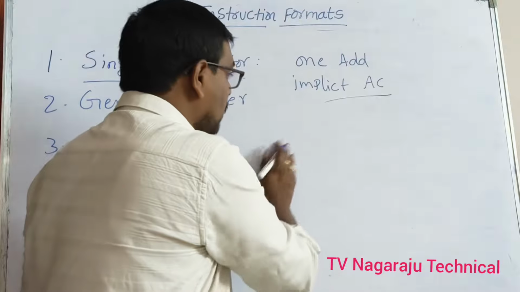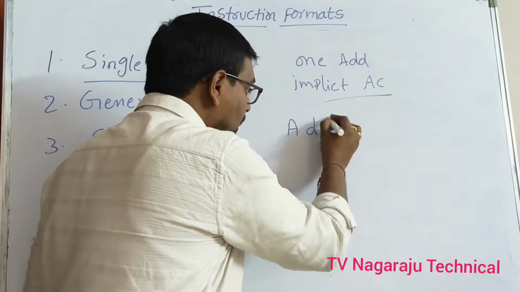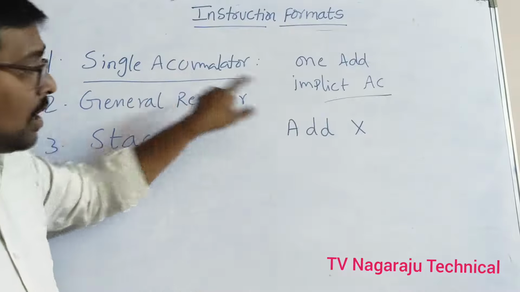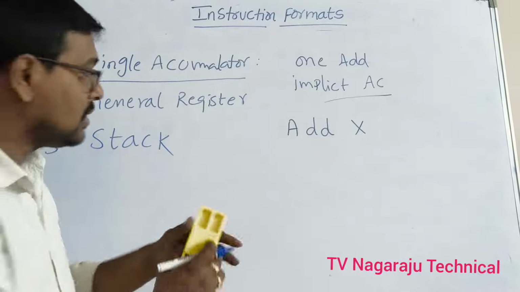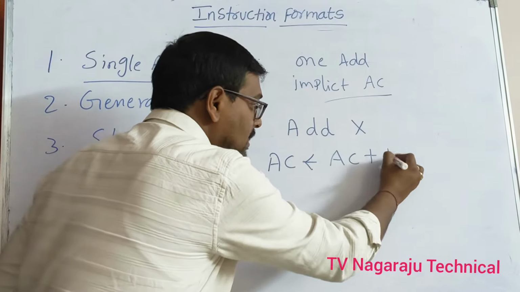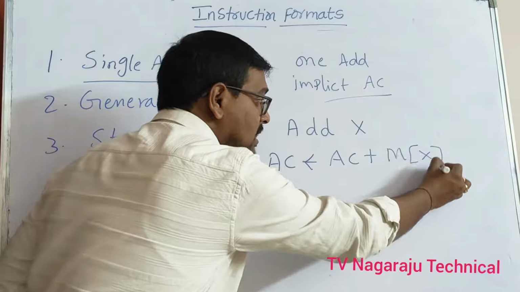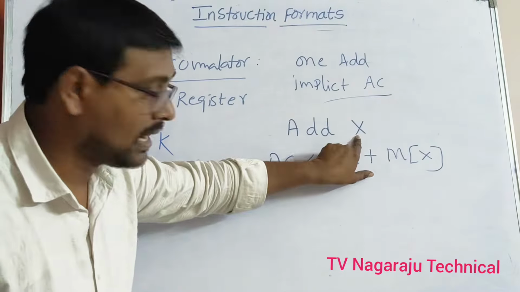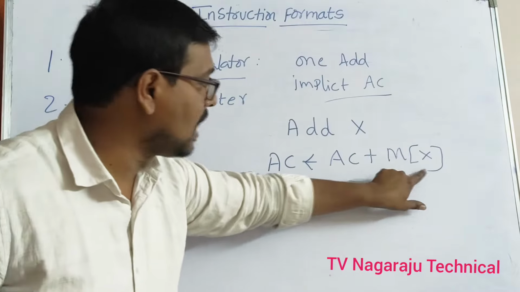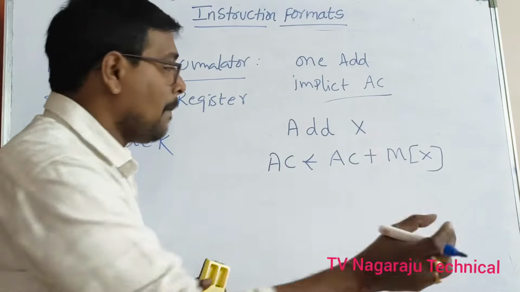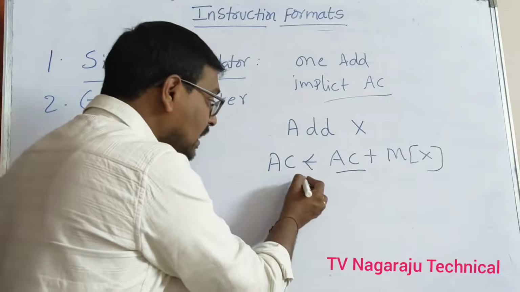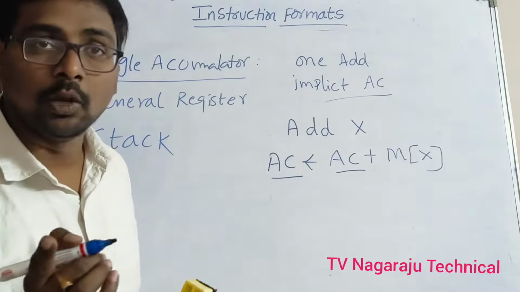Consider one example. Suppose I have ADD X. This is a representation of a single accumulator instruction. Here, AC ← AC + M[X]. Internally, X is the address; we go to that address, retrieve the operand, that is M[X], perform addition with the content of the accumulator, and the result is copied back into the accumulator.